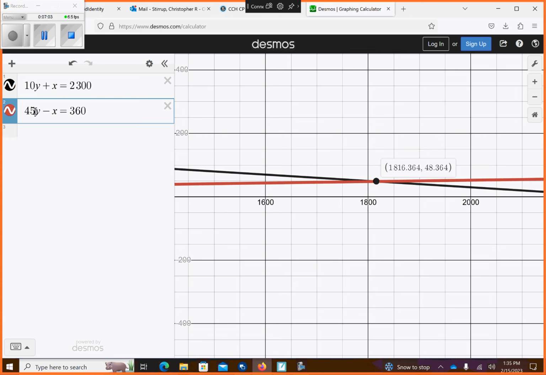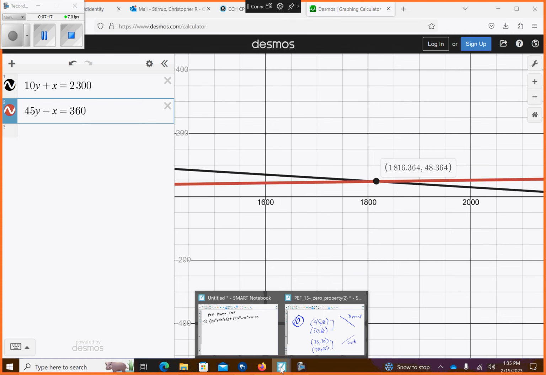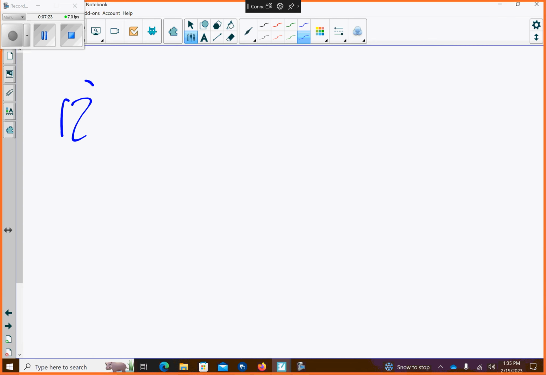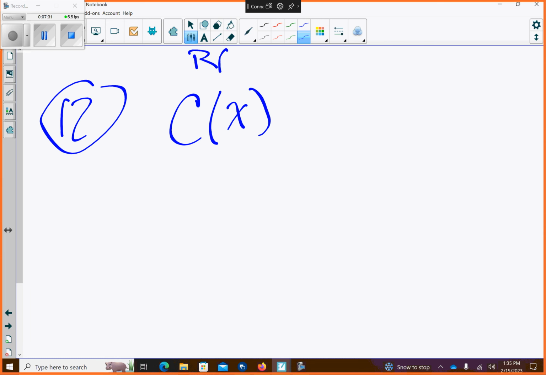Suppose the total cost function for a radio is linear. The marginal cost is $27. Total cost is 4350 for 50 radios. Write an equation of this cost function and then graph it. Okay, so I'm going to go back to this real quick. So for number 12, we know that our cost is basically the revenue.